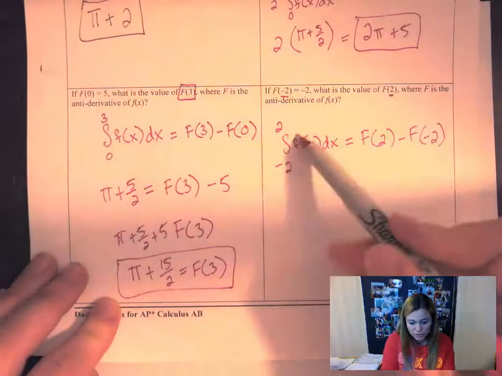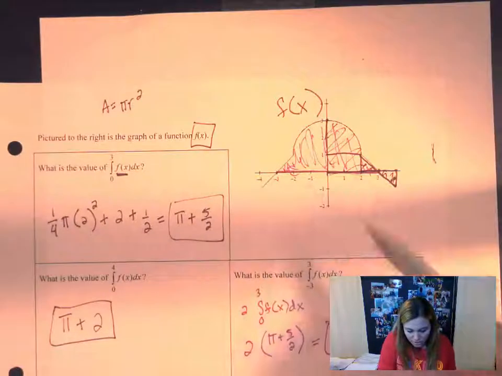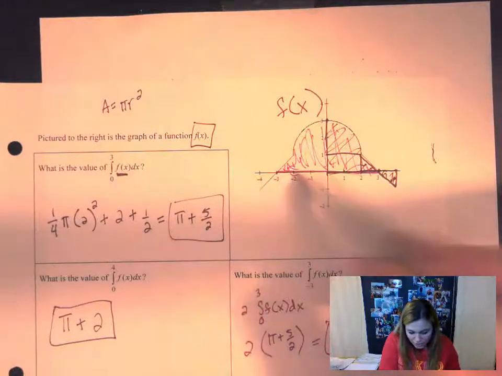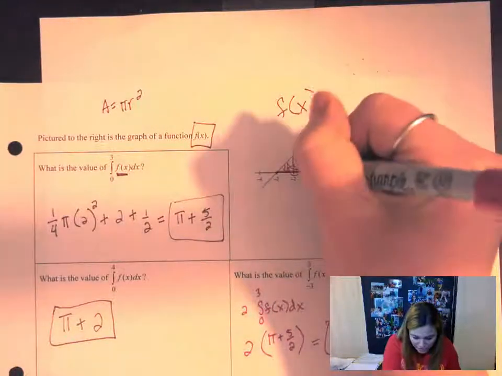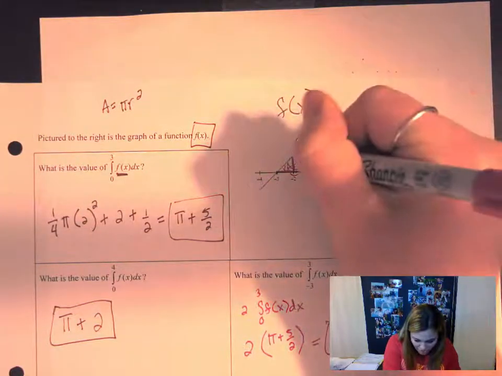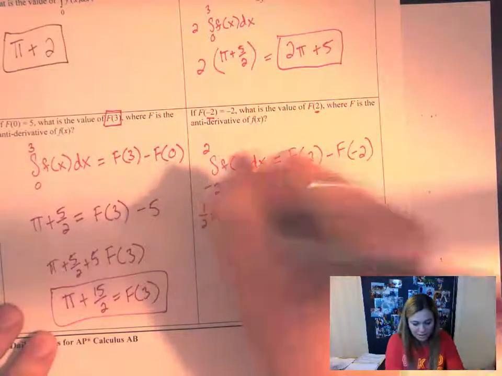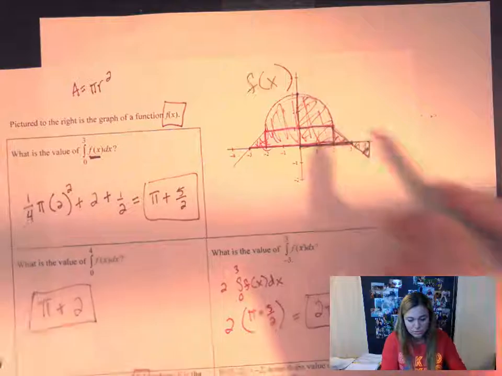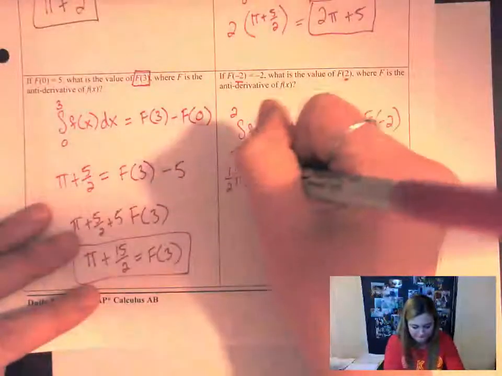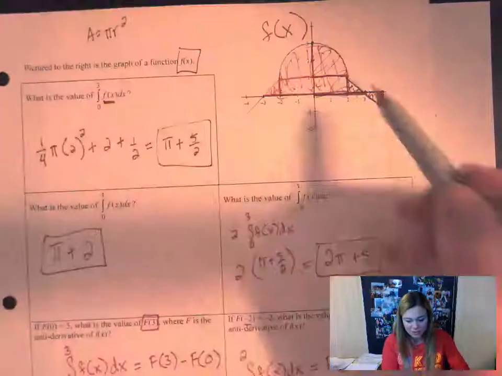So from -2 to 2, have we done this one yet? I don't think so. From -2 to 2, this would be this region. So it would be this guy right here. So it would actually have half of a circle, sorry, 1/2 pi. The radius of the circle is still 2. Plus the rectangle in this case would be 1, 2, 3, 4.